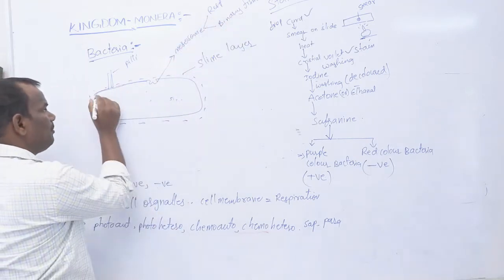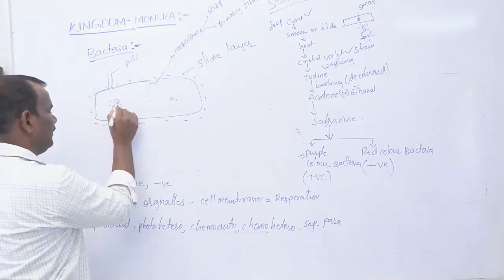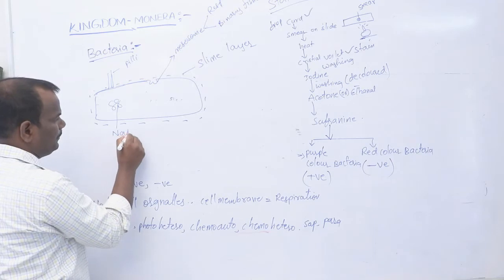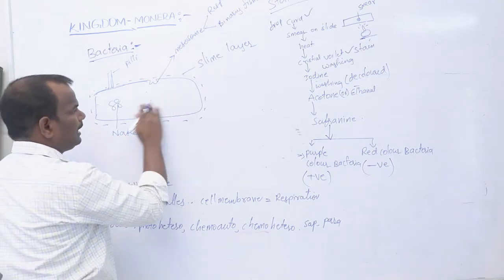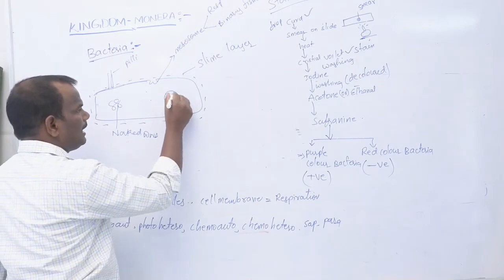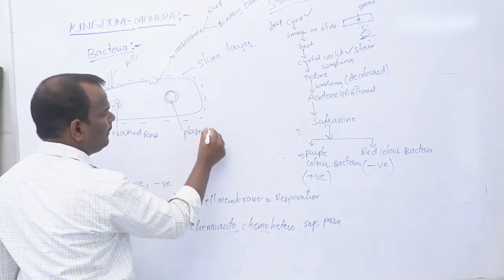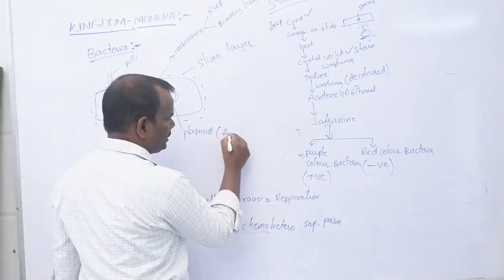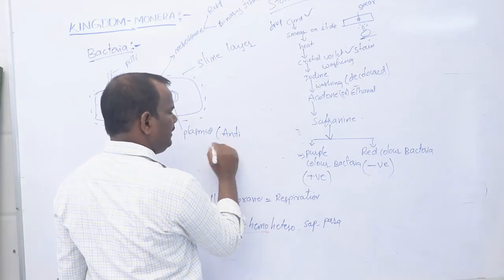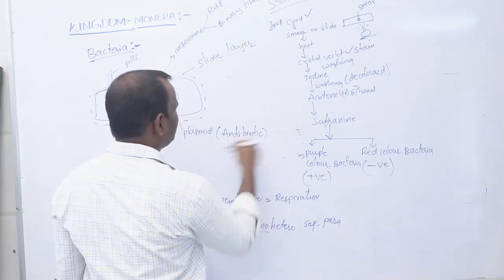The mesosome is a modified part of the cell membrane. This is the naked DNA. Next, this is the plasmid. The plasmid's main function is antibiotic nature.